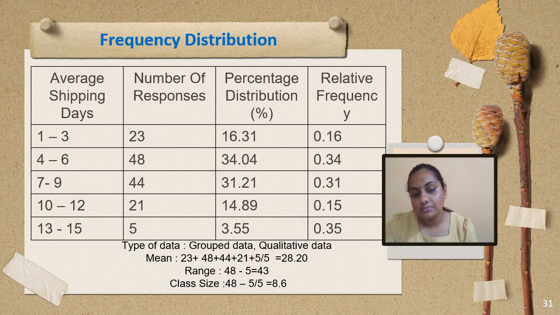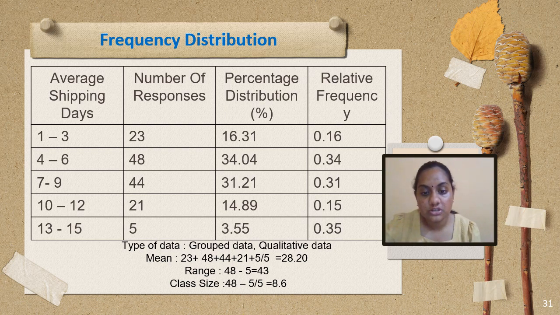We can find the mean by adding all the numbers of responses. We get 141 and divide by 5, because there are 1, 2, 3, 4, 5 choices of average shipping days. Then we will get the value 28.20.